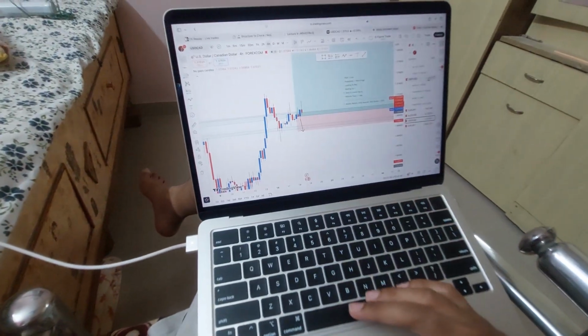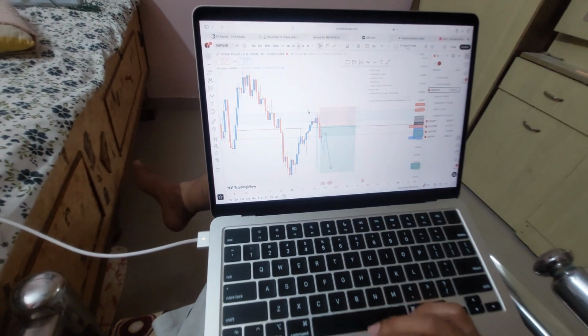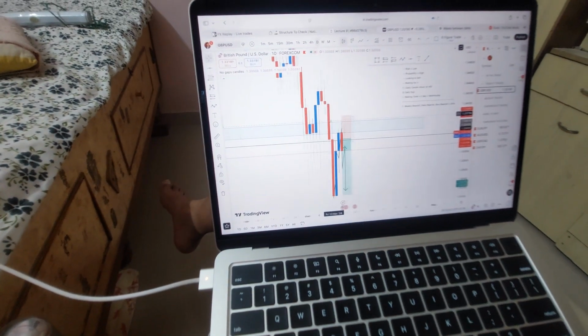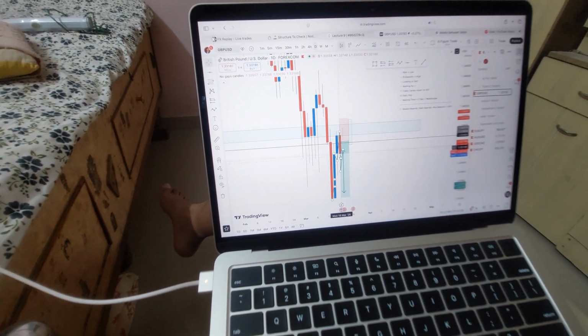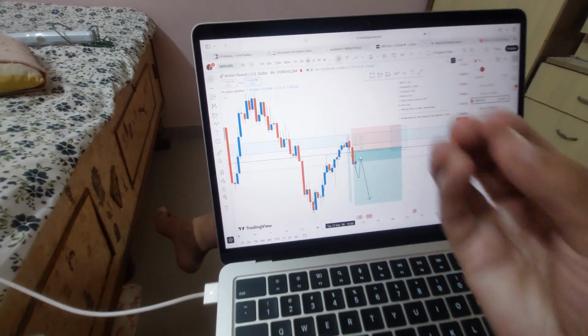Every single thing on GBP USD is looking good. Weekly, daily comes on the area of interest. We're getting a shift of structure on the daily. So now someone put a leg in the middle of my trade.